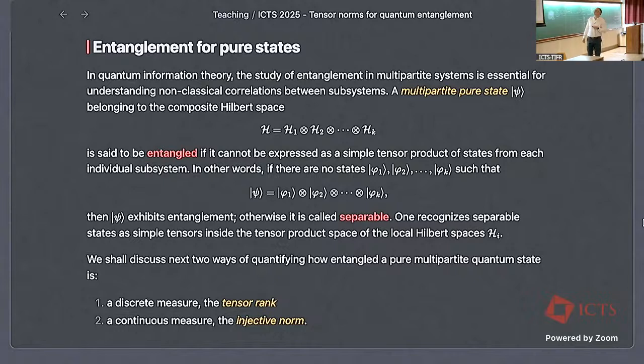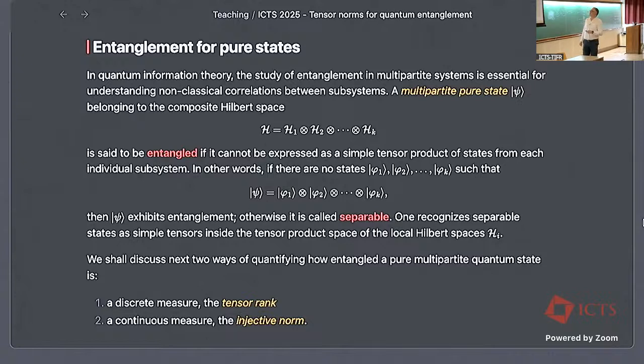This is what I call multipartite, because k can be more than 2, it can be 3, etc. And a vector psi inside H is called separable if I can decompose it as phi1 tensor phi2 tensor up to phi k, a tensor product of vectors in the individual spaces. And if I cannot, it's called entangled.